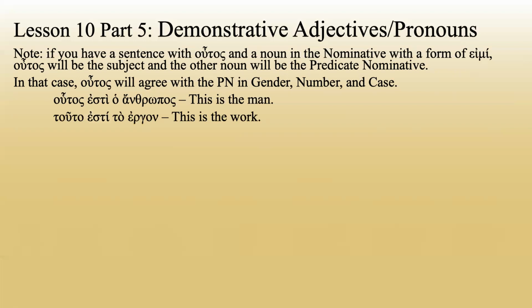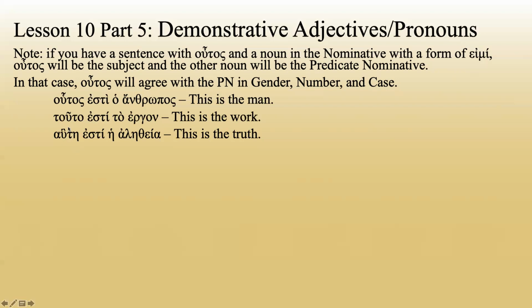Tauta esti ta erga. This is the work. Again, we have a pronoun, so the pronoun is going to be the subject, but you'll notice it matches the predicate nominative because that's what it's talking about. It just comes before its antecedent, if you've heard that word before, the word that it refers back to. Haute esti he aletheia.